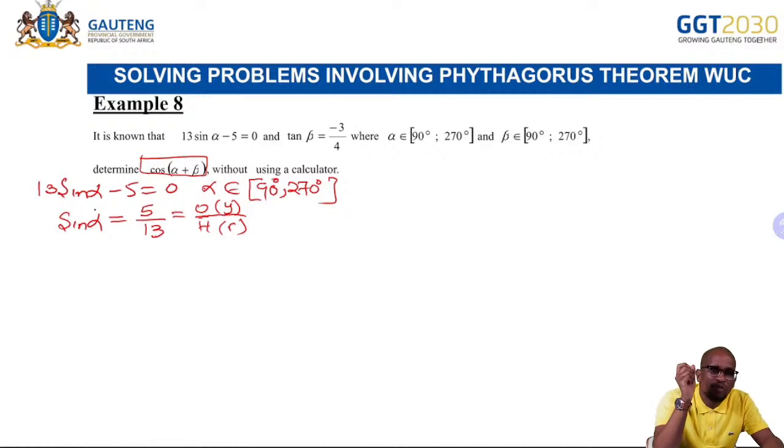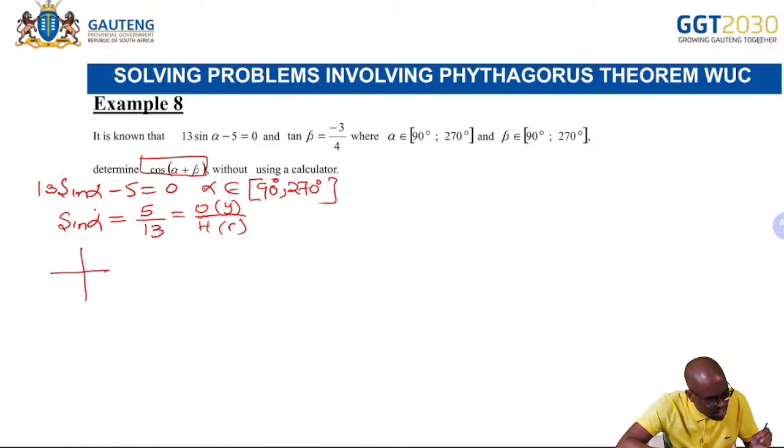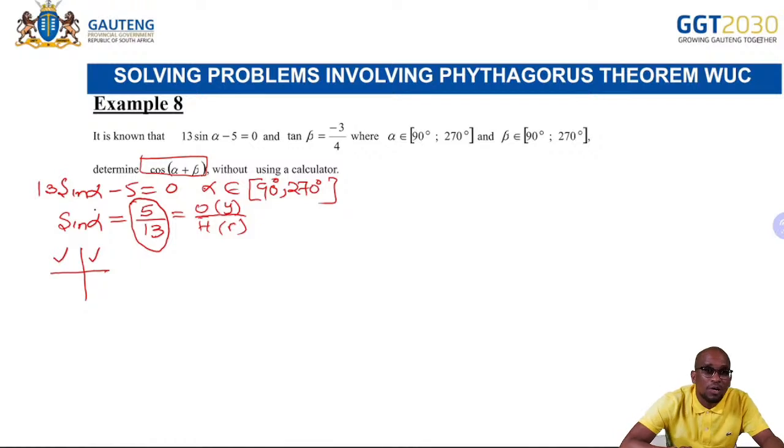However, now we need to find the quadrant where the terminal arm would lie. We would use the knowledge that we learned last week as well. We're going to check this whole ratio. This ratio is positive. Sine alpha is positive. We locate the quadrants where sine is positive: first and second quadrant. Give the ticks there. And then they said it's between 90 and 270.